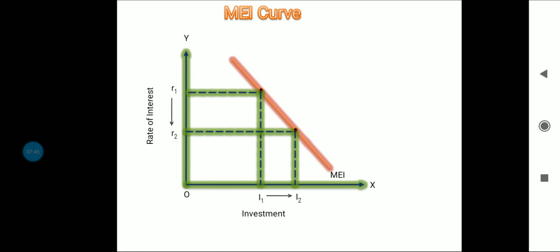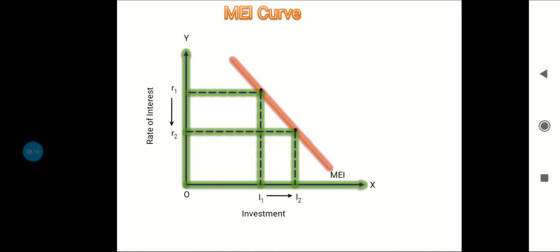Here we see the MEI curve. MEI has a negative relation with the rate of interest or cost of investment. That is why the marginal efficiency curve has a negative slope. When the rate of interest is R1, the level of investment will be I1.